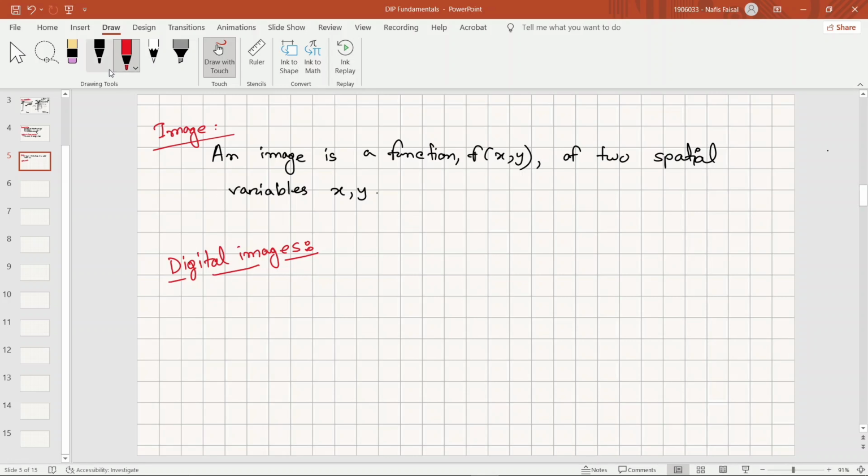So digital images are images where the spatial variables x, y, and the output f are all finite and discrete.